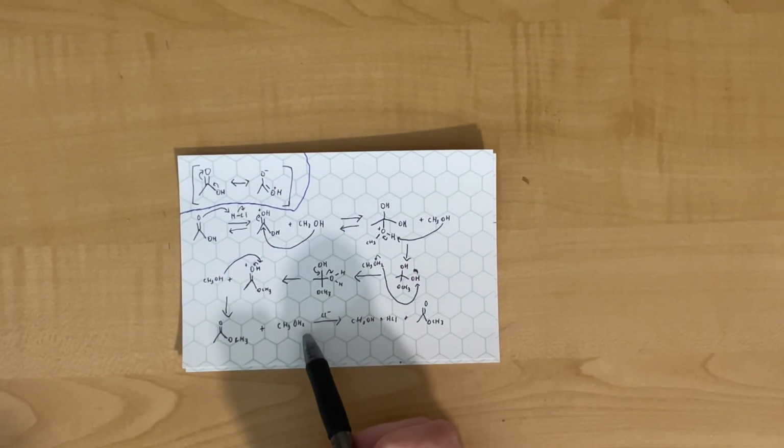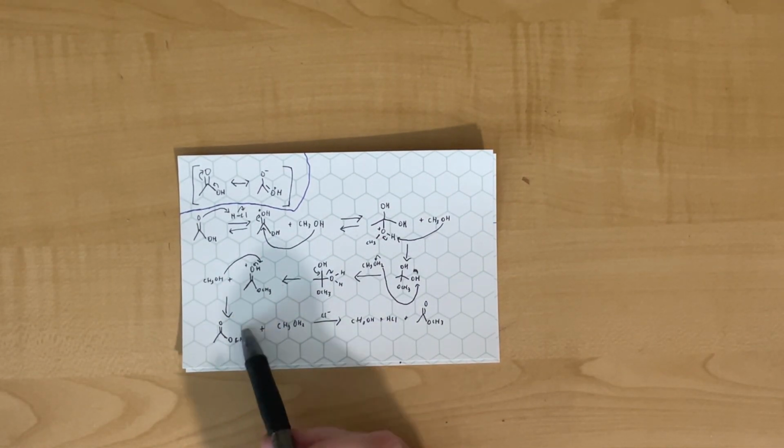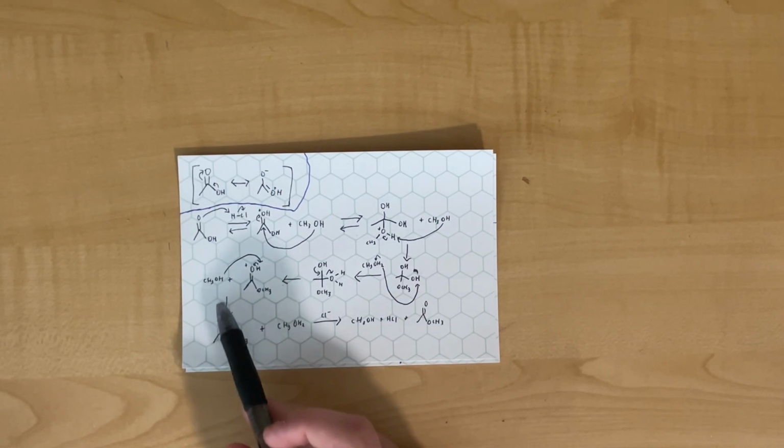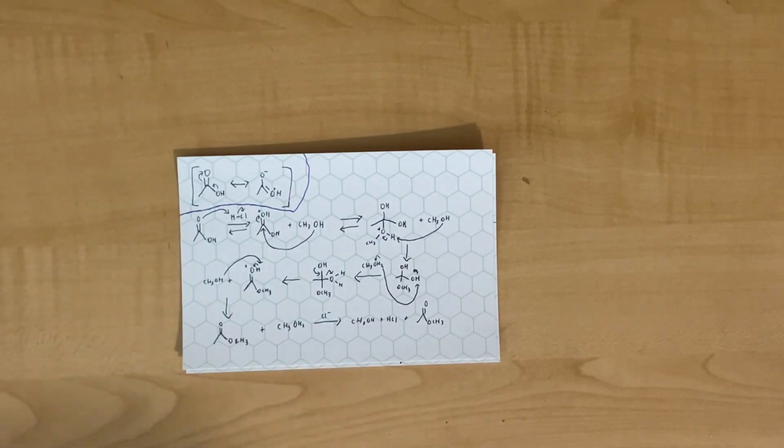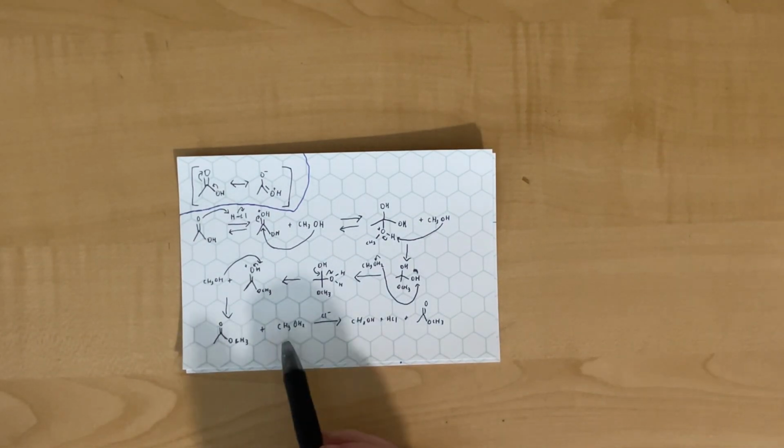And so what I want to note here, this is kind of like the end of the reaction in the sense that now we have finally created the ester by combining these two, in the presence of acid, in the presence of 2 alcohol components for every carboxylic acid component.